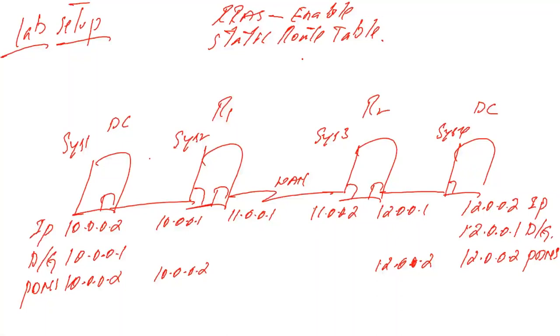So please write down the steps. In system 2, router 1, open the RRAS service. Open the routing and remote access service. Okay.